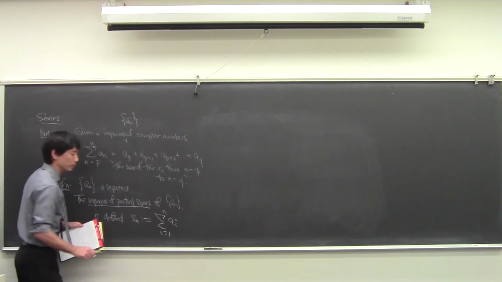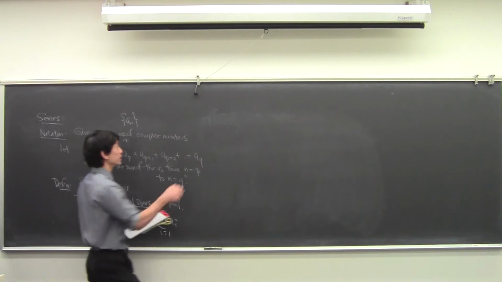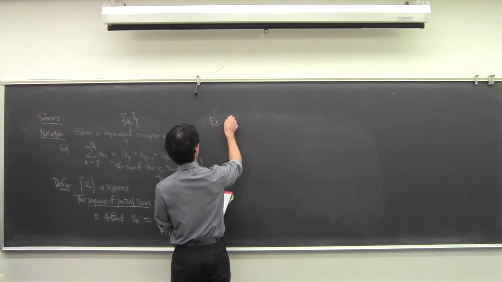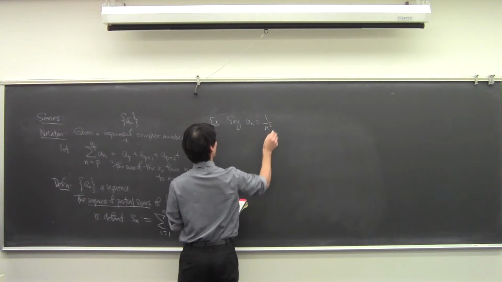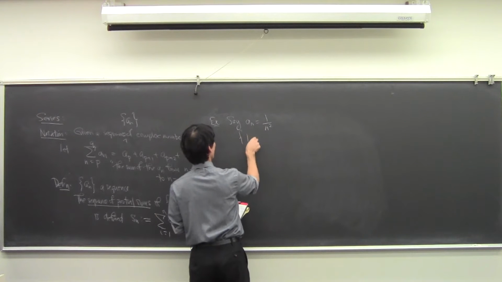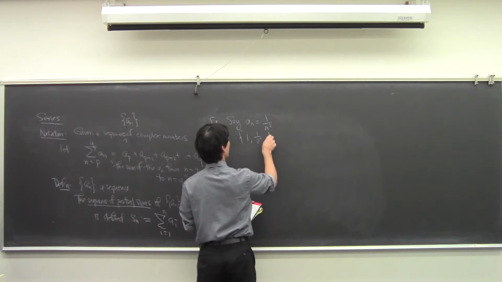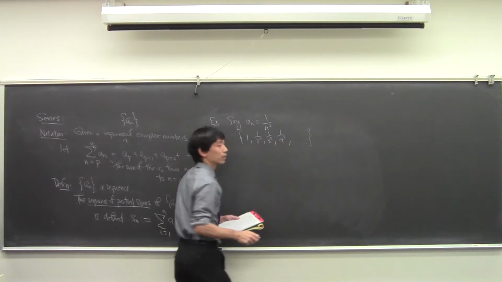So for example, you have some sequence a sub n is 1 over n squared, that is to say 1 over 2 squared, 1 over 3 squared, 1 over 4 squared, etc.